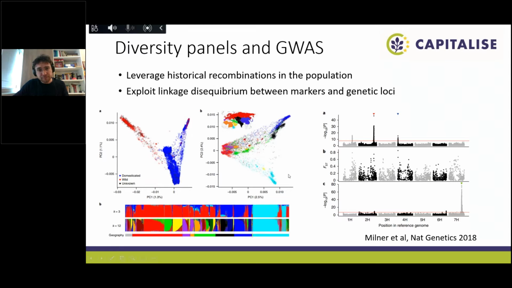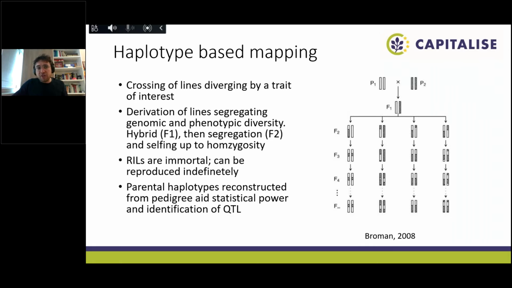So diversity panels are something that is used to perform what are called genome-wide association studies, which basically use historical recombination in very large populations to identify associations between markers and causative genes through linkage disequilibrium. But not only GWAS: you can also use haplotype-based mapping, in which you leverage the fact that you control the pedigree of populations which are artificially produced.